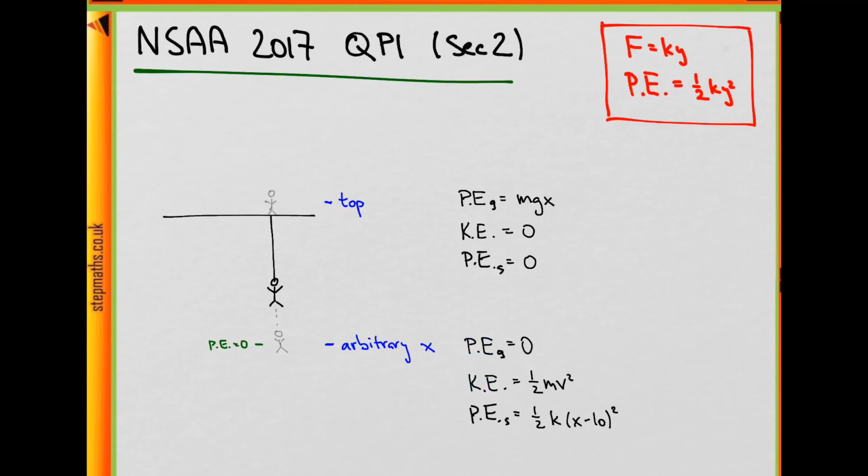However, at the bottom, at an arbitrary distance x from the top, the gravitational potential energy is 0. We set it to be 0, so it must be 0. The kinetic energy corresponds to whatever speed it has at the point. And the potential energy of the spring we just plugged into this useful formula with y, the distance from the natural length, being x minus 10. 10 is our natural length.